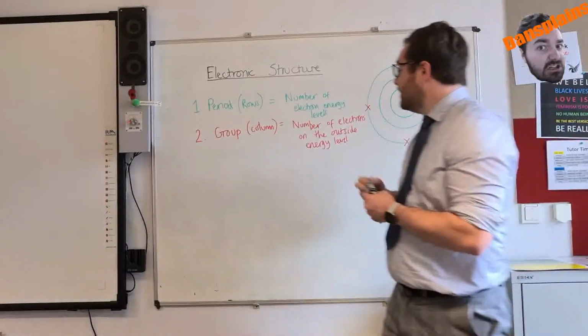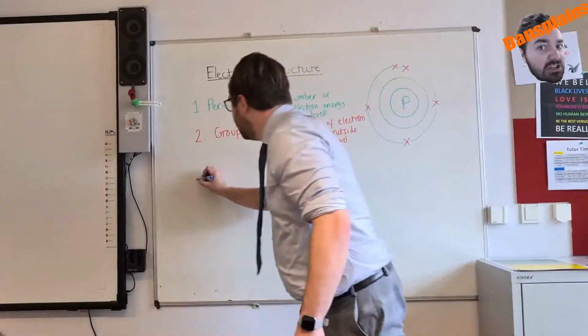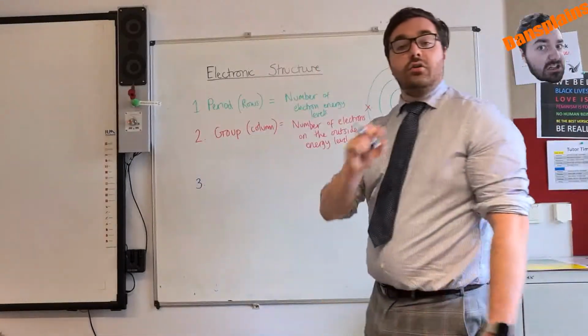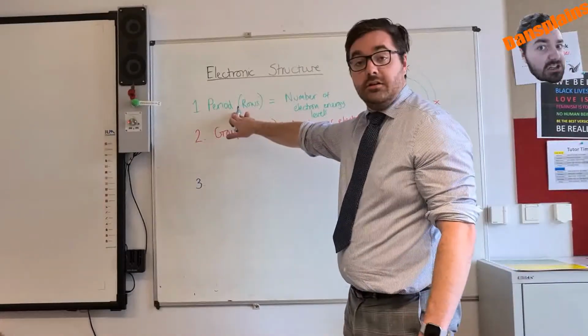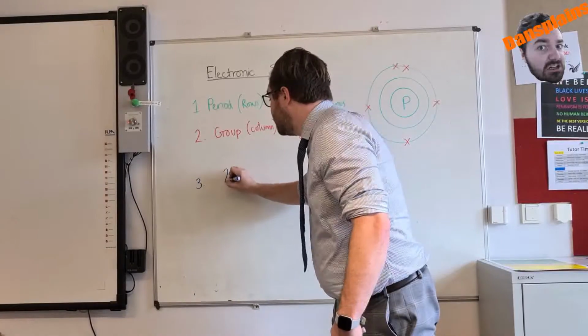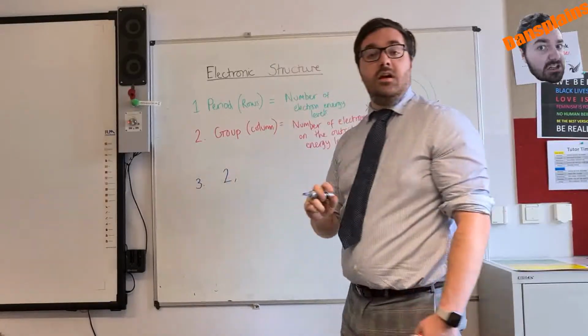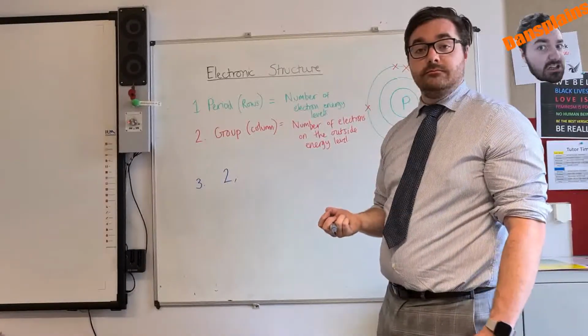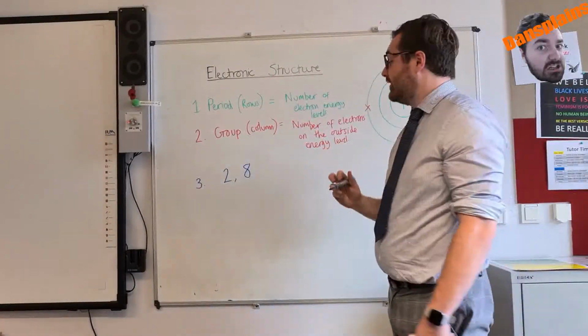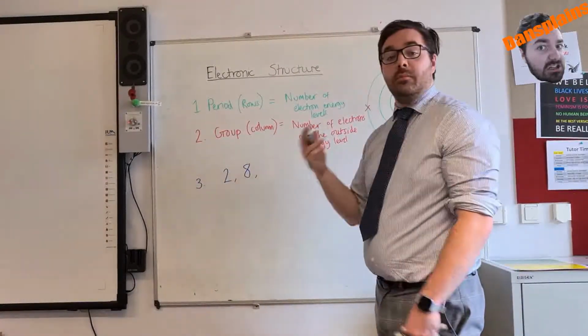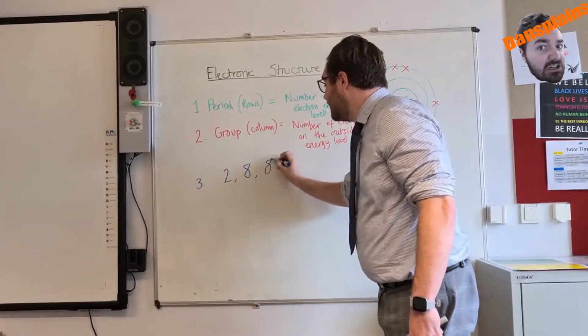Now, the last rule is if I look at the top of the periodic table, the first row or the first period only has 2 in it. The next period has 8. I can count those along all the way to the end. And the max number in my third period is 8 again.